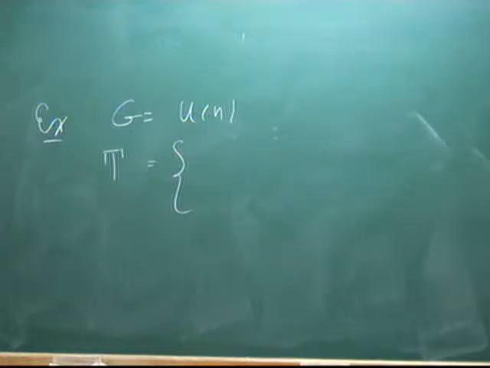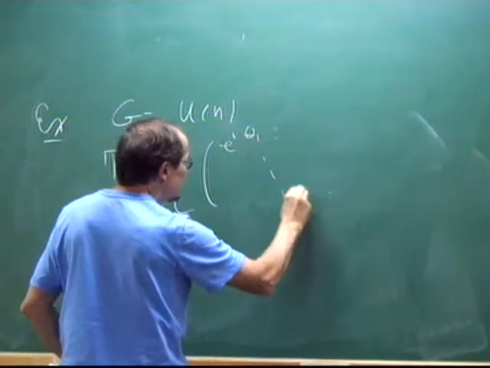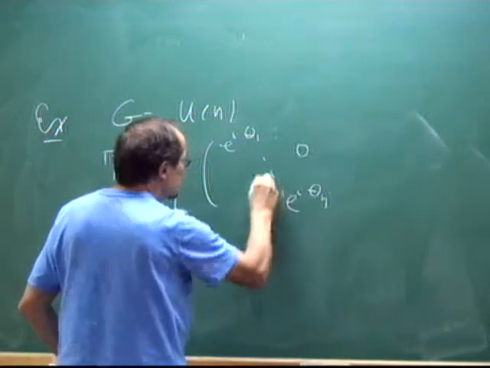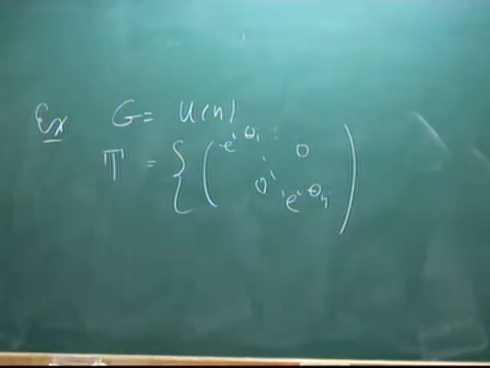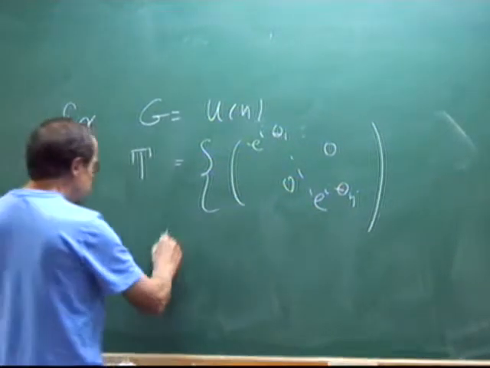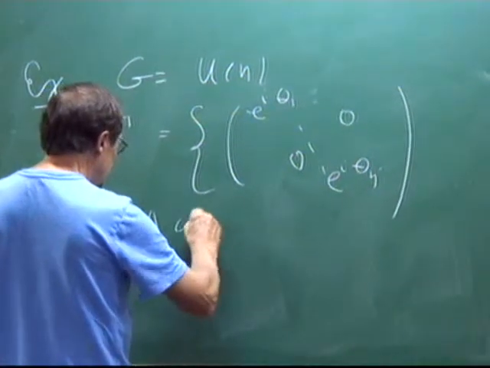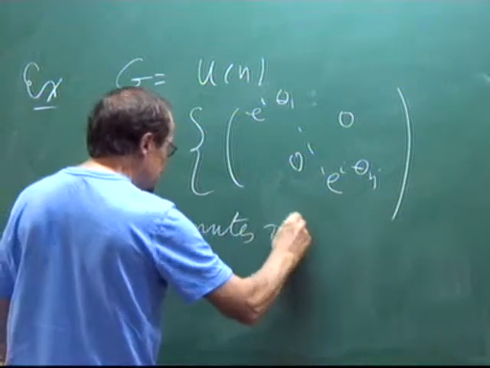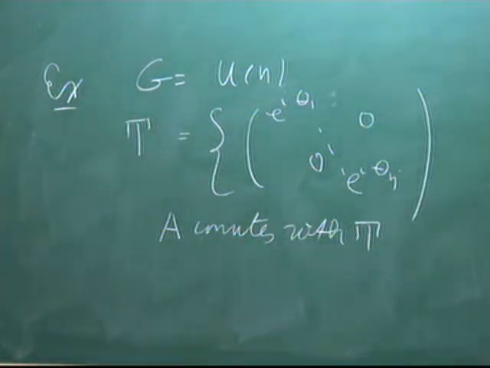So diagonal matrices, right? So e^{iθ_1}, ..., e^{iθ_n}. So it's abelian, clearly it's abelian. Why is it maximal abelian? Let's say I have a matrix A which commutes with T, so commutes with every element like that.